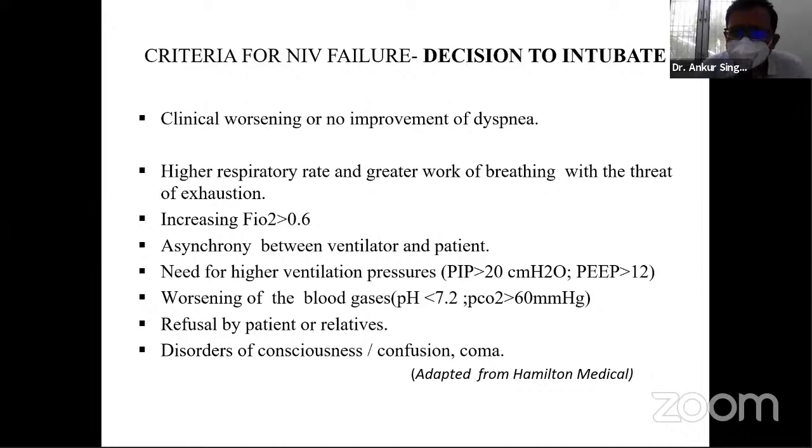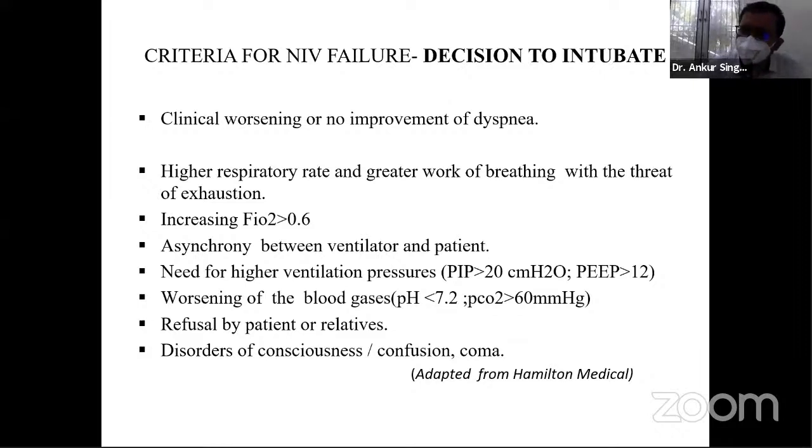So what are the criteria for the decision to intubate? When our NIV is failing, the child is not cooperating, the child is agitated, pressures are increasing, your FiO2 requirement is increasing, the child is becoming unresponsive, becoming unconscious. These are all indications for intubation.